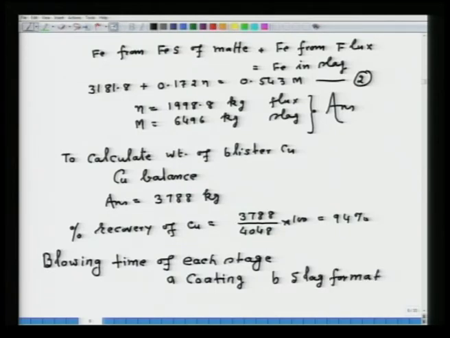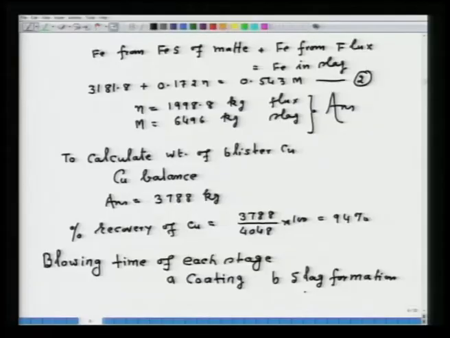Now, in the slag formation stage you have to consider oxidation of FeS to FeO as well as oxidation of Cu2S to CuO, because you see slag also contains copper oxide. So, in the slag formation stage you have to calculate the time required for complete oxidation of FeS to FeO as well as whatever amount of CuO is present, because Cu2S is also being oxidized.